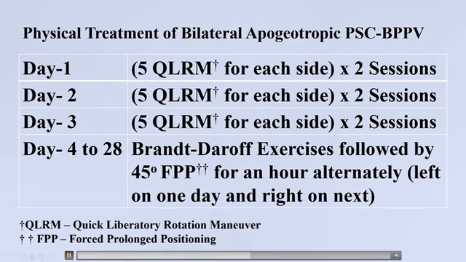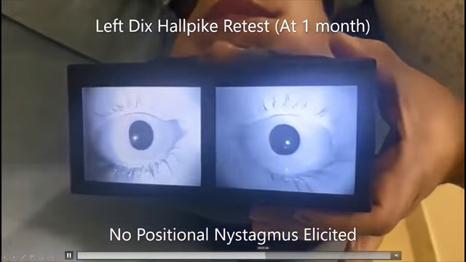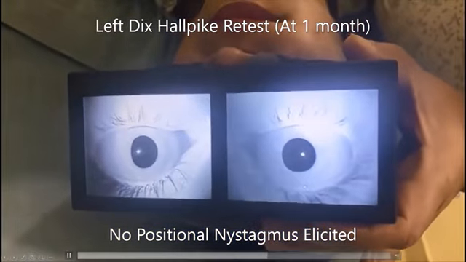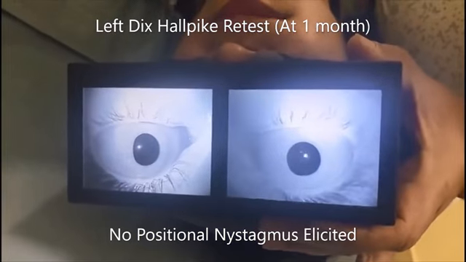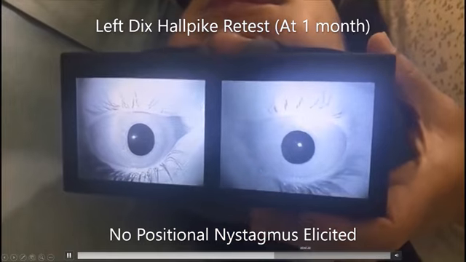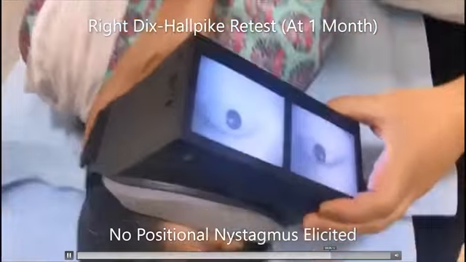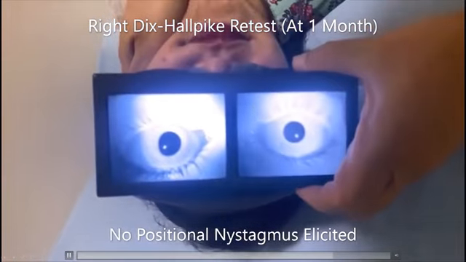At the end of 4 weeks, that is 30 days, the patient was re-examined. No positional nystagmus was elicited in the left Dix-Hallpike test, which was maintained for around 1 minute, and there was no nystagmus elicited on the right Dix-Hallpike test as well.